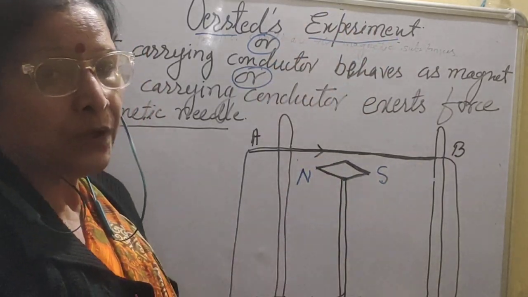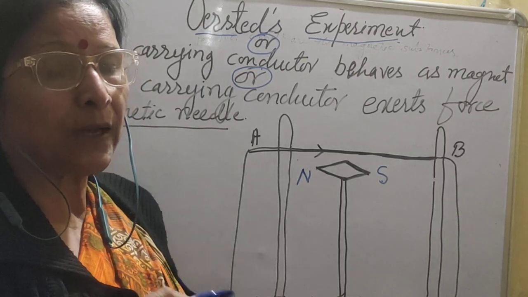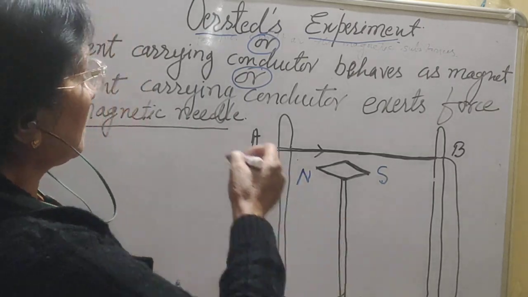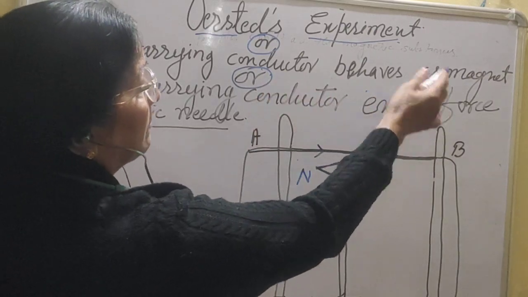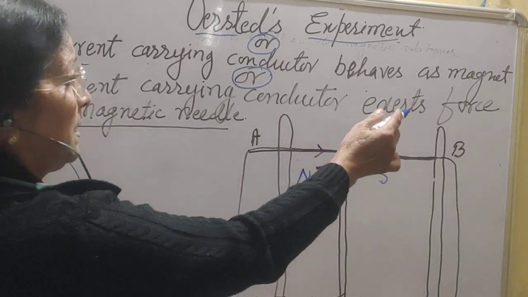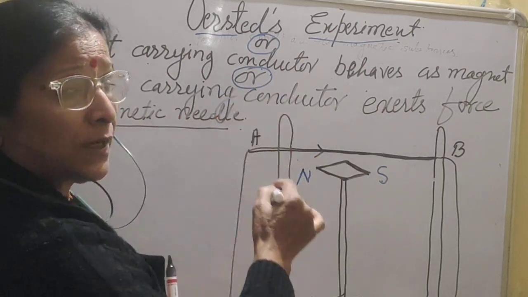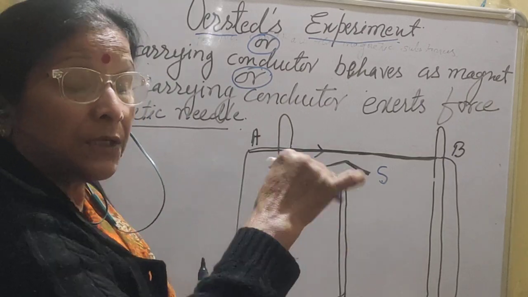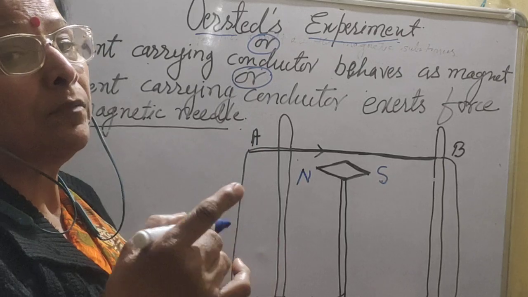For what? To show that electric current can be used to produce a magnet, or that a current carrying conductor behaves as a magnet, or that a current carrying conductor exerts force on a magnetic needle, and also we can write that it causes motion in the magnetic needle.